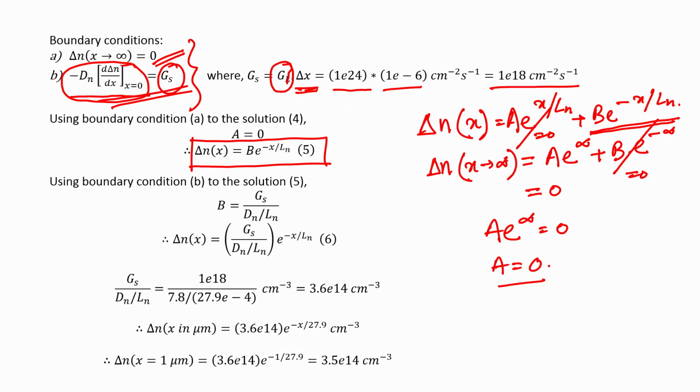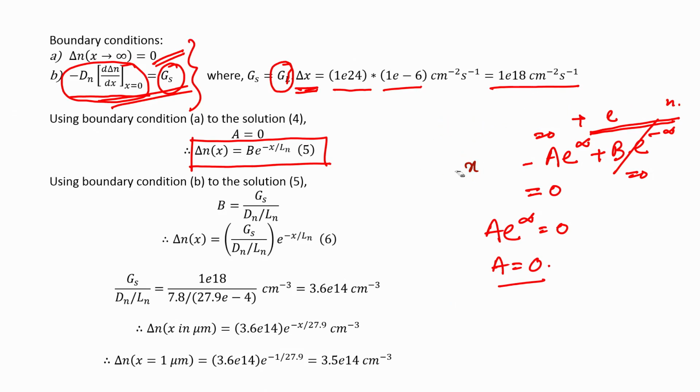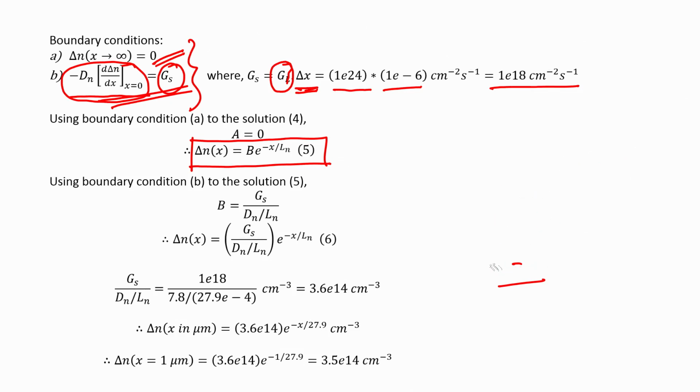Second boundary condition states that minus Dn d del n dx at x equal to 0 is equal to Gs. So, just solve the second boundary condition. Now, your del n x, this is the reduced general solution, B e to the power minus x by Ln.